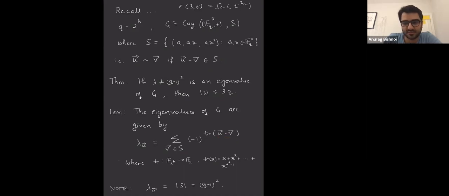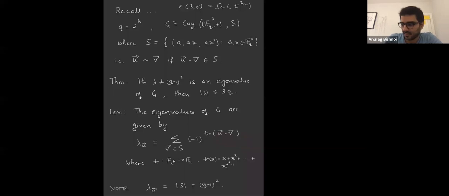This is the standard dot product. You just take coordinate-wise multiplication. That's all it is. And now notice that this element, u dot v, is inside F_q, and the trace then is inside F_2. So the trace is either 0 or 1. Okay, so this is minus 1 to the 0 or minus 1 to the 1.